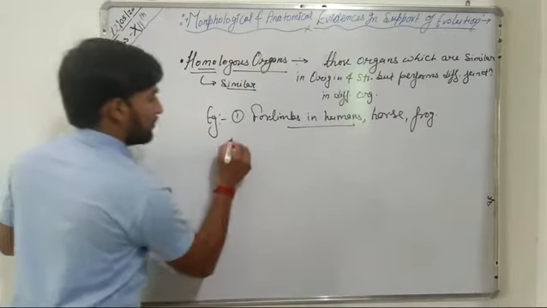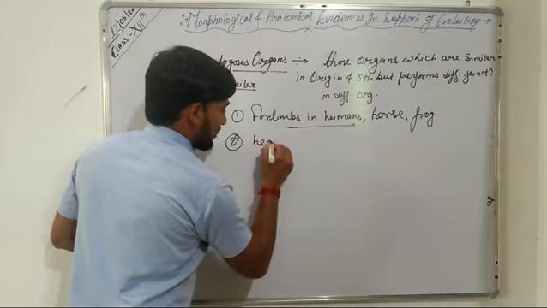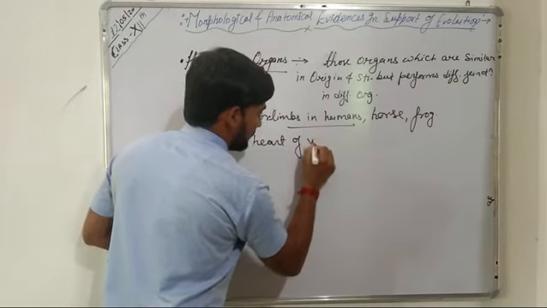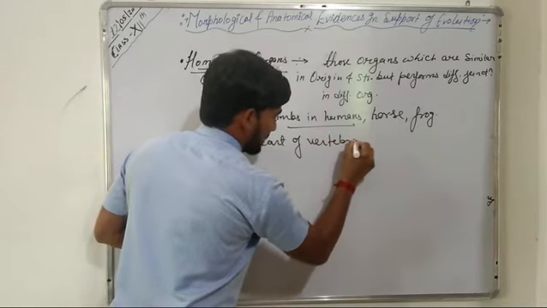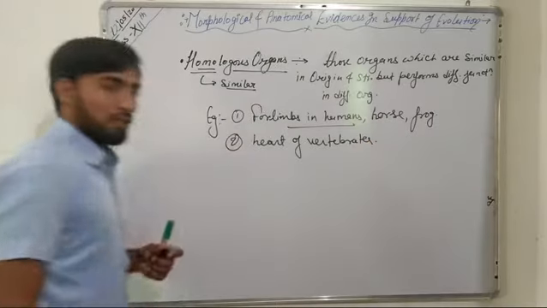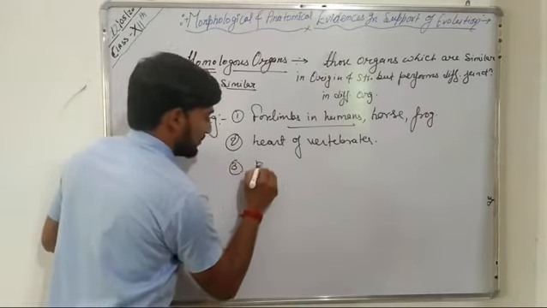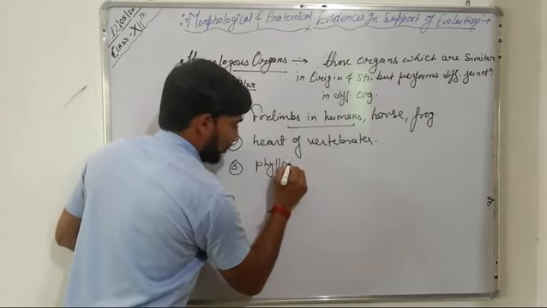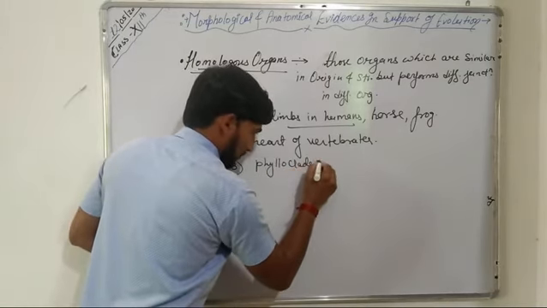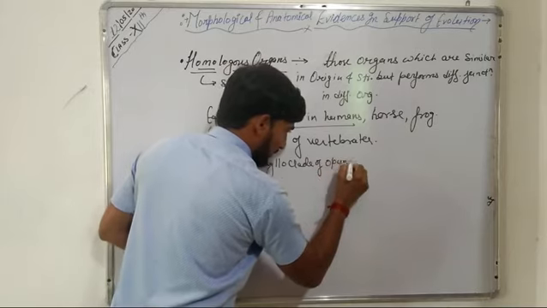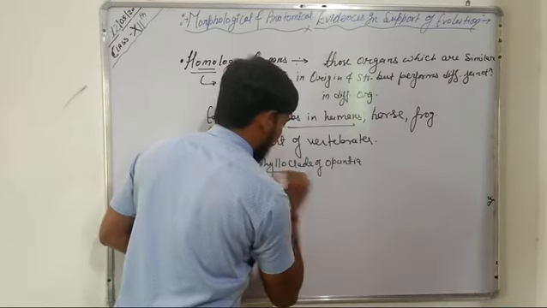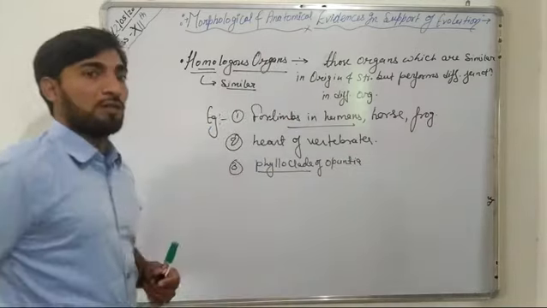The second example is the heart of vertebrates. That is also an example of homologous organs. The third example is the phylloclade of Opuntia plant. This phylloclade is a modification of stem.